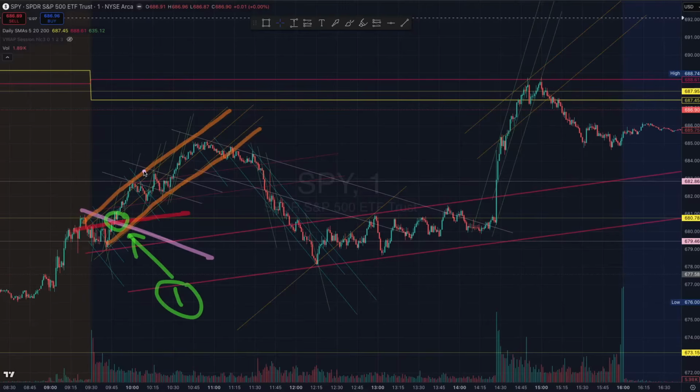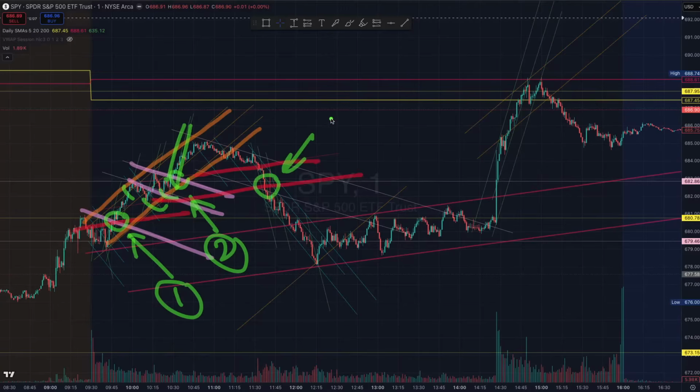You saw the quite beautiful pink forming, that nested inverse head and shoulder pattern here, activating for a little while this green. I talked about this magenta tapering here as well, so this is also a possible trade.